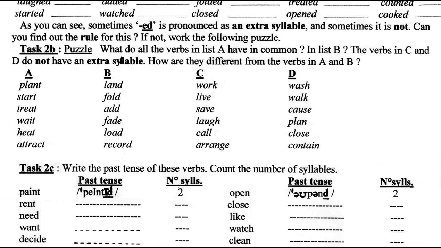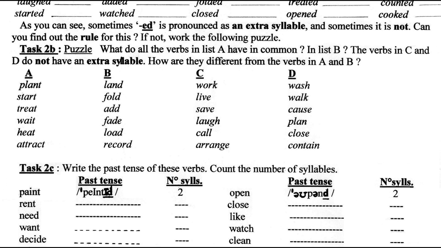We said previously that they do not have an extra syllable when they are in the past. So I'm going to read list C and list D. List C: work, live, save, laugh, call, arrange.